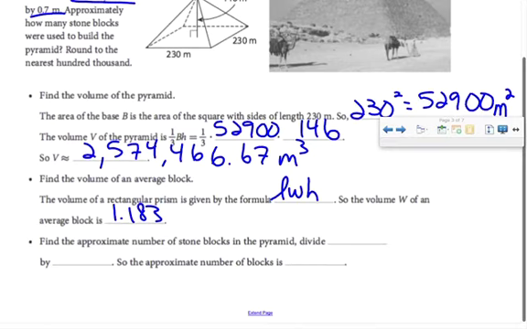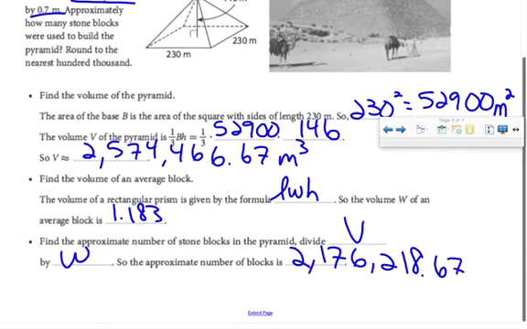Let's fix that. So the approximate number of blocks is, in our calculator, 2,574,466.67 approximately, divided by 1.183. That is 2,176,218.67, but we're talking about blocks here, so we're going to round to the nearest whole number.